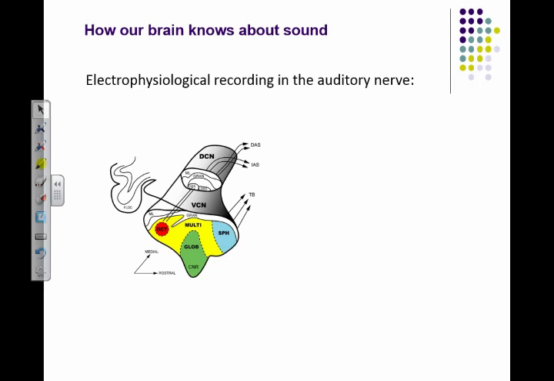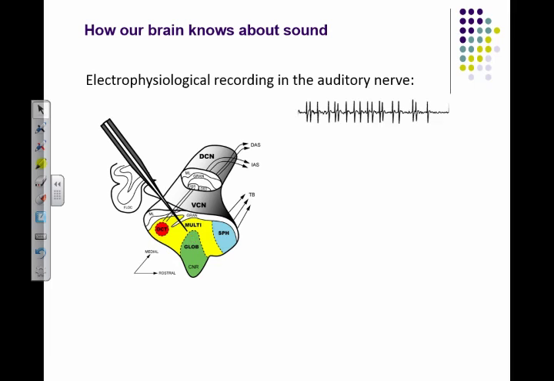First of all, just 2 minutes about how we actually know about these things when we talk about physiology. We usually perform experiments by sticking electrodes into animals and playing sounds to them. The sounds that we play are short tone bursts, 50 milliseconds long, and we stick an electrode, which is a glass pipette of a few micrometers diameter, into the brain. This is a part of the brain called the cochlear nucleus, and usually it's a guinea pig, sometimes cats or other animals, and we can record individual neurons that are sitting in there.